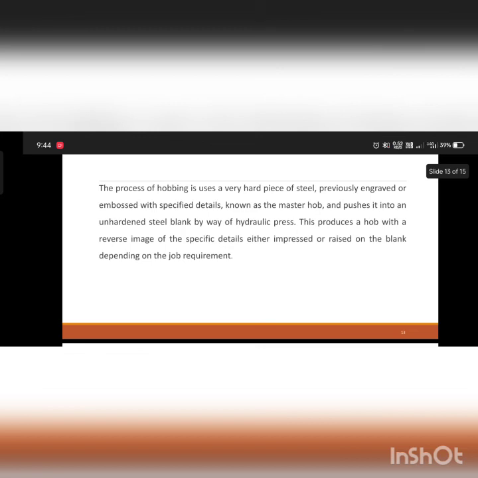When this happens, the hob produces a reverse image of the specific details, either impressed or raised on the blank, depending on the job requirement. So that's all on the topic hobbing.